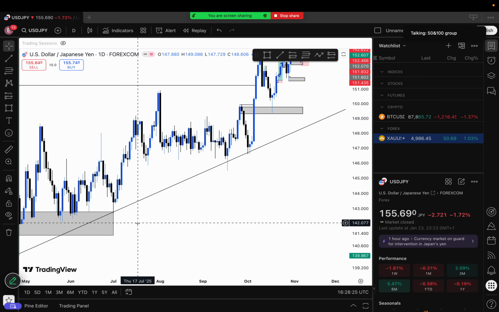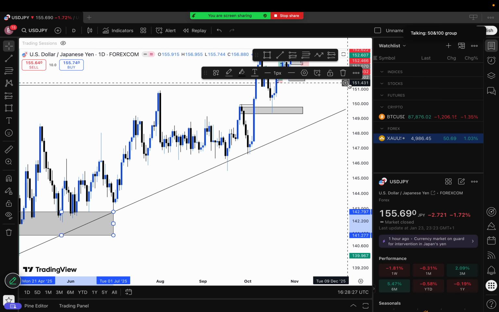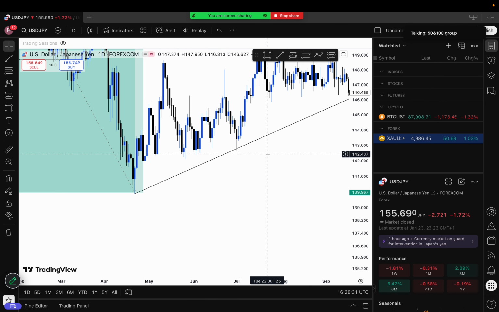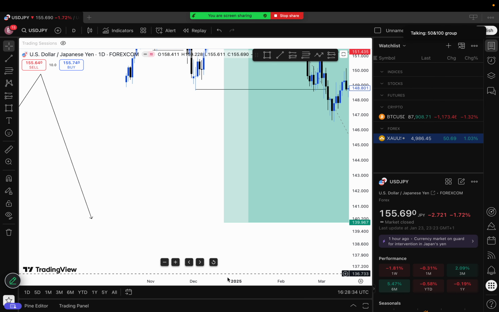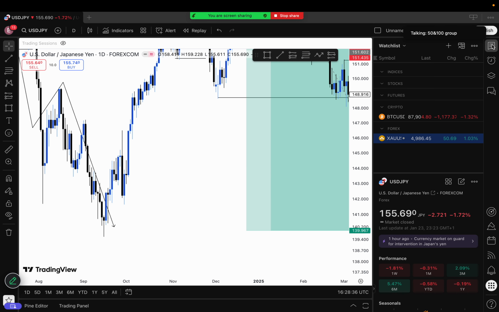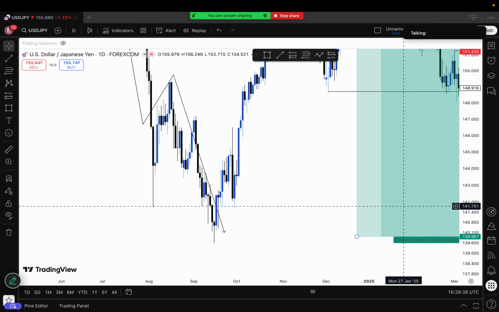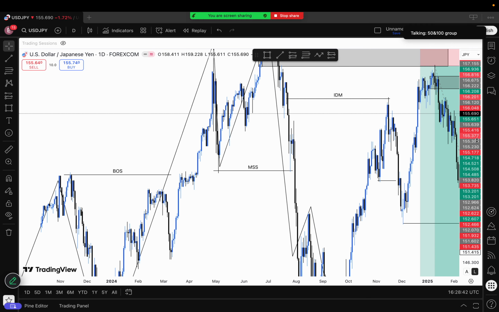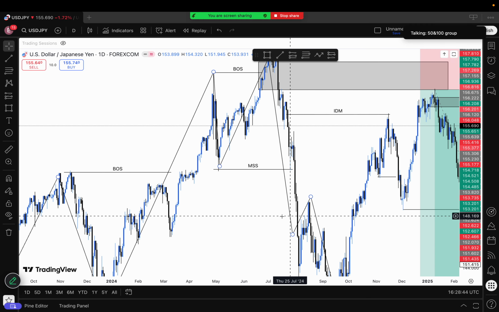So you can either spot it on the trend line you've marked, or you look for something similar to what you trade, like the MSS, like your strategy.